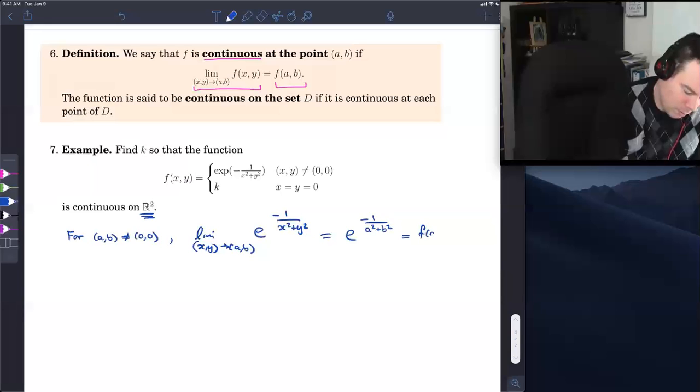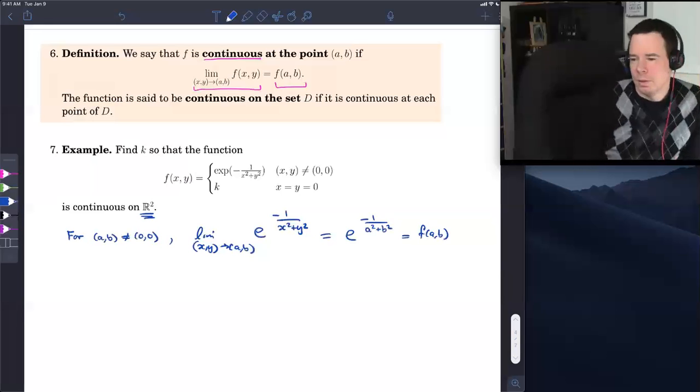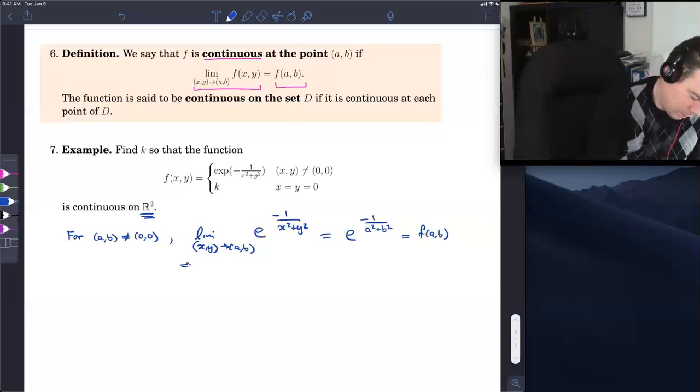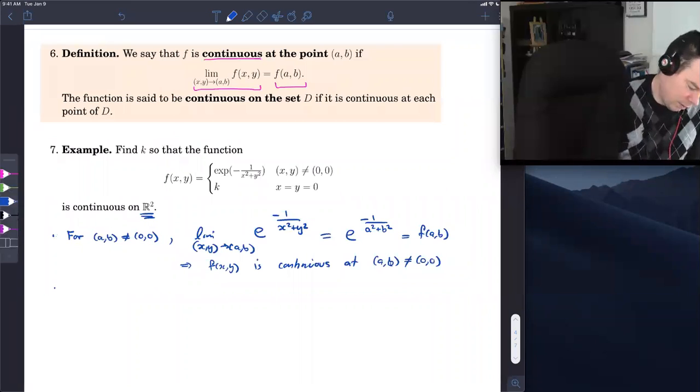In other words, the limit is just the value of the function in this case. So that means that f of xy is continuous at any ab not equal to 0, 0. Okay, so that's the first thing.